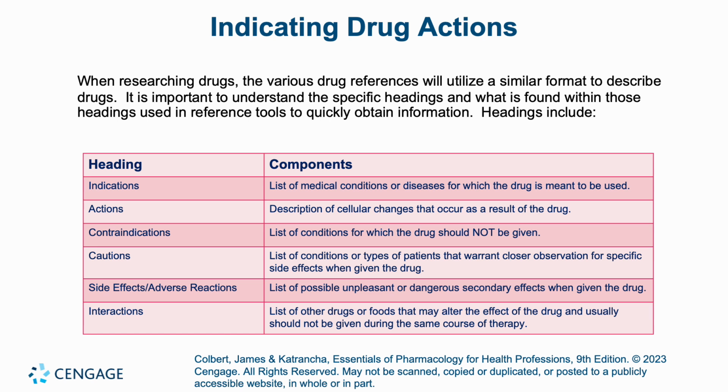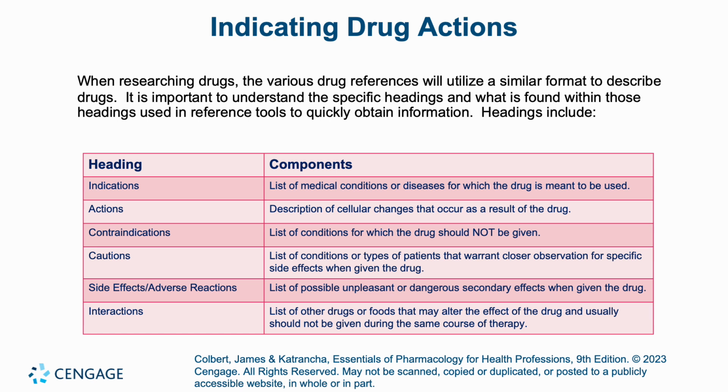Indications is the list of medical conditions or diseases for which the drug is meant to be used. So this medication is meant to be used for heart failure or diabetes or whatever the condition the drug is meant to treat is under.